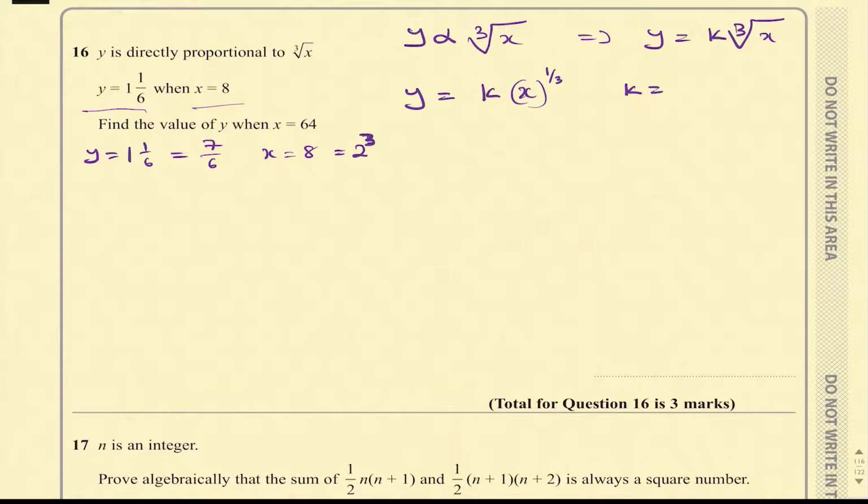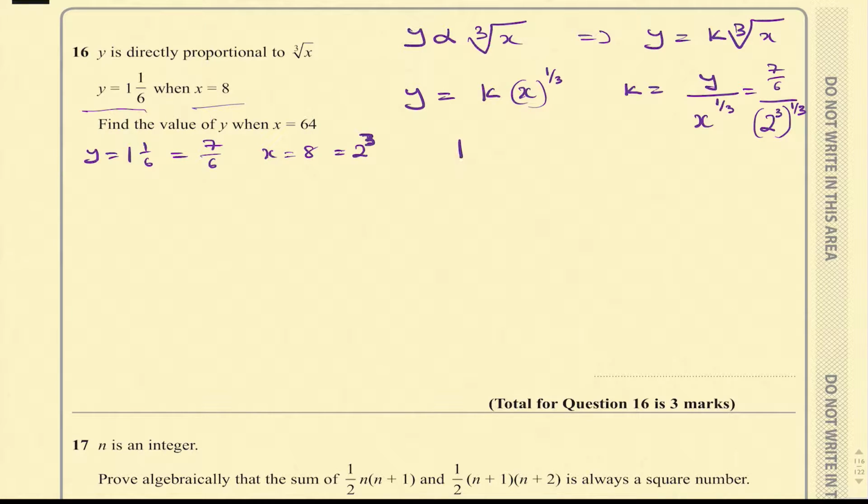K is y over x to the power 1/3, which is 7 over 6 over 2 to the power 3, to the power 1/3.